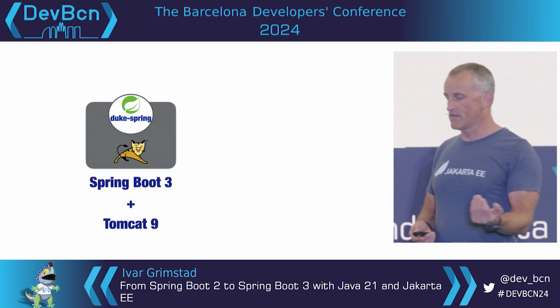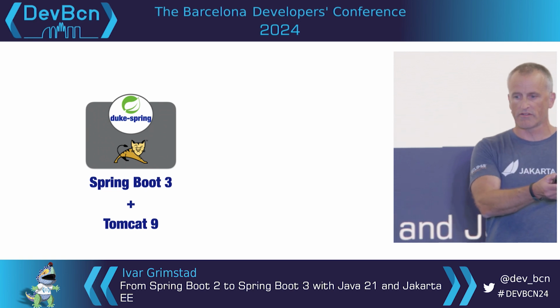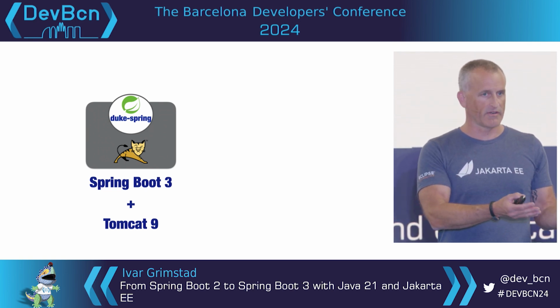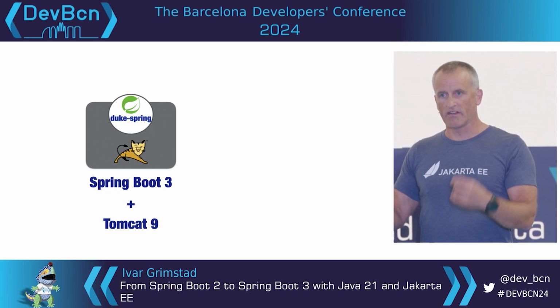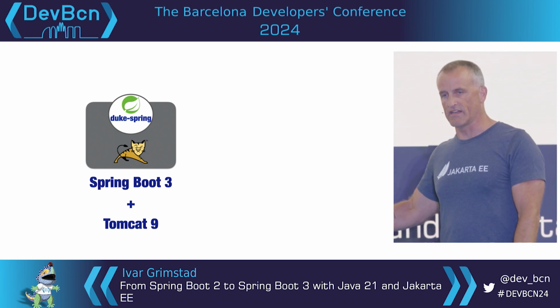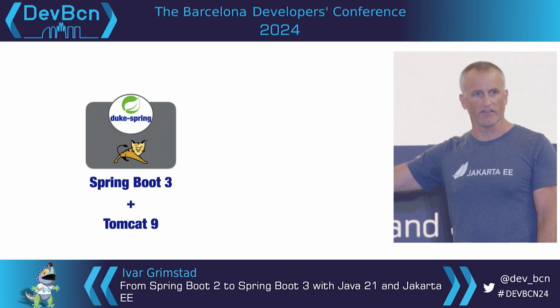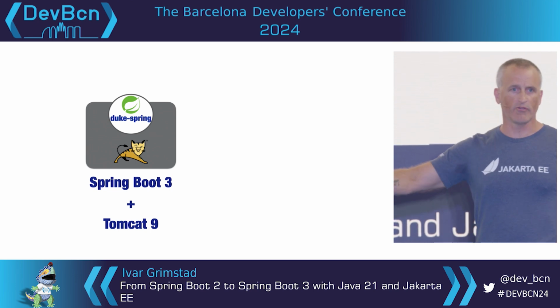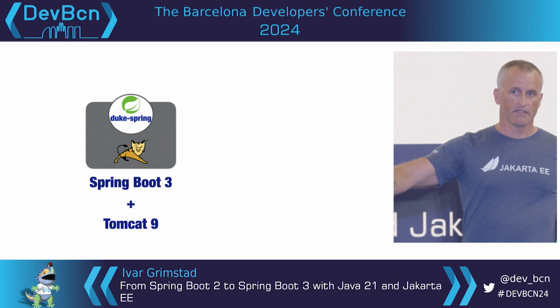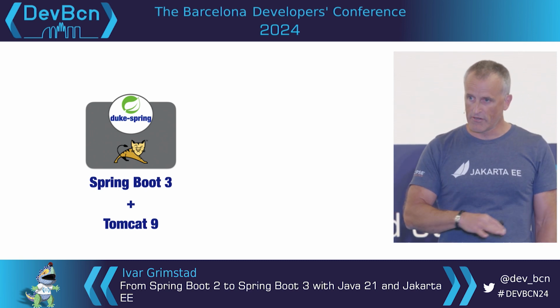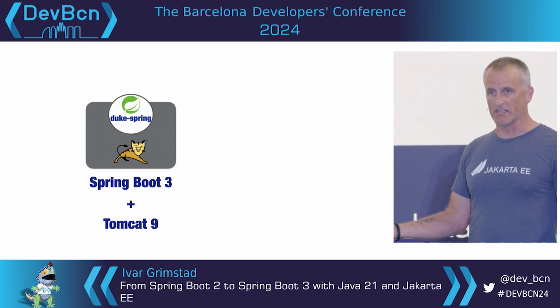So what happens if you create a new Spring Boot 3 application in the Spring Initializr and deploy it into your existing Tomcat 9 that your IT guy in the server room in the basement has installed for you? How will that work? So it will actually work fairly nicely from the outside, sort of.